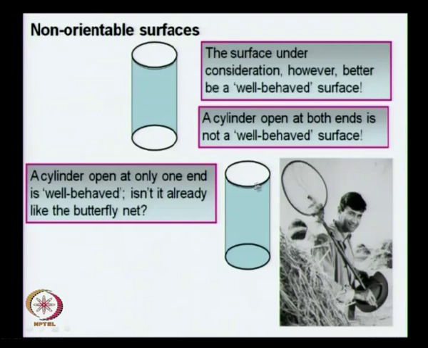So, this is a cylinder which is open only at one end, and no big deal about it, because this is anyway just like the butterfly net already. It is the same example that we considered. So, there is no difficulty with a cylinder which is open at one end, but for a cylinder which is open at the top face and the bottom face, that surface has to be eliminated.